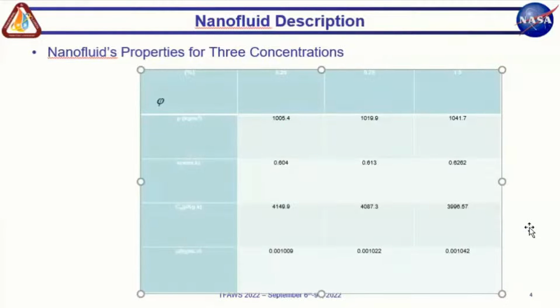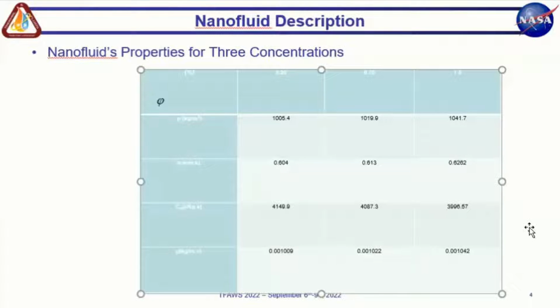So we had 0.25% by volume of the nanoparticles divided by the total volume of the nanofluid, and then 0.75 and then 1.5. Now, we went ahead and calculated the different thermophysical properties that we need: viscosity, conductivity, specific heat, and the density, of course.